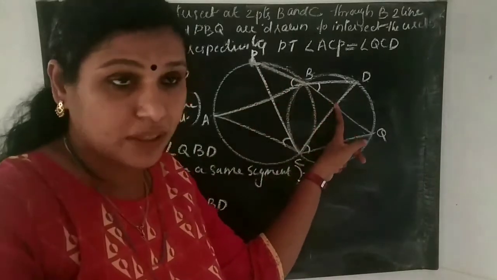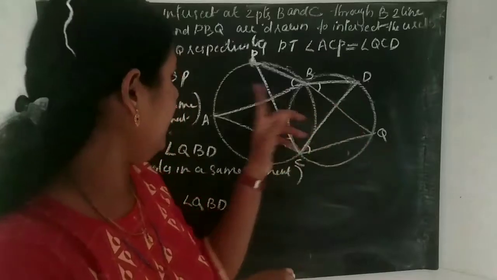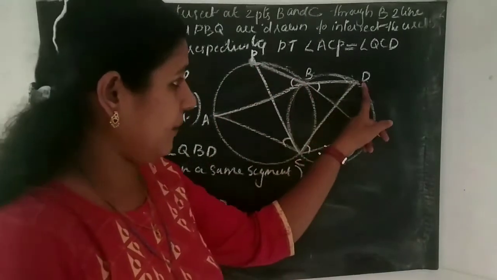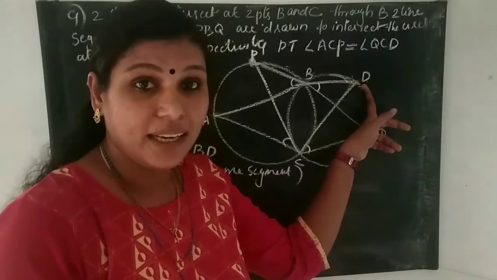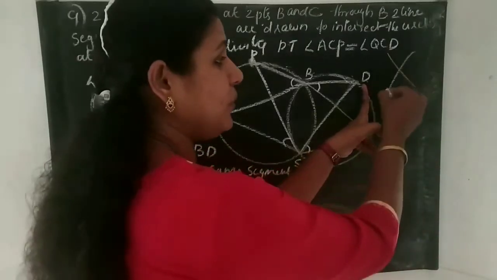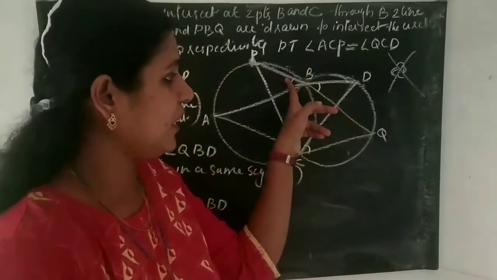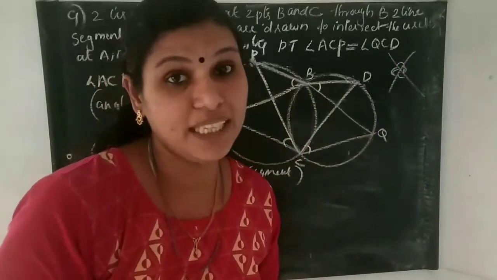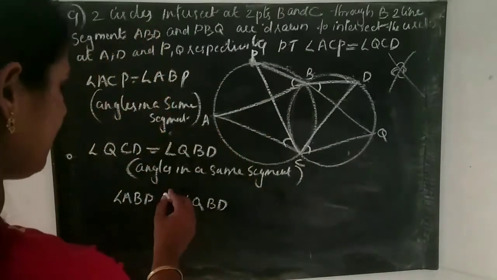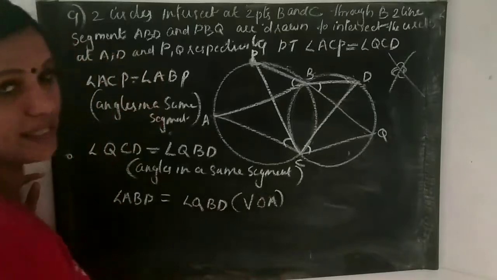From your textbook, you just watch carefully at angle ABP and QBD. That is vertically opposite angles. What's the specialty of vertically opposite angles? Vertically opposite angles are equal. So that's why this is equal.